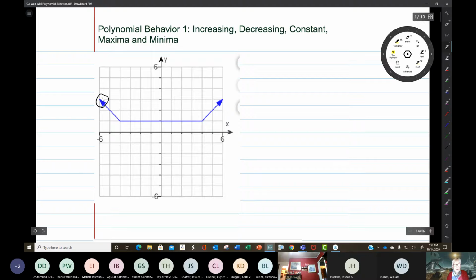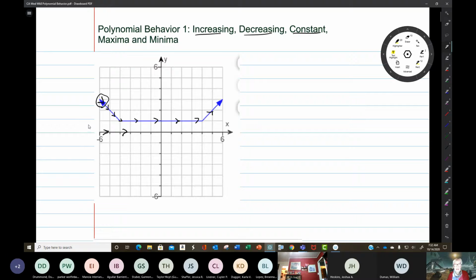Because right now, what we're doing for these topics, increasing, decreasing, and constant, we are moving left to right. Left to right. And of course, like always on the number line, left to right.